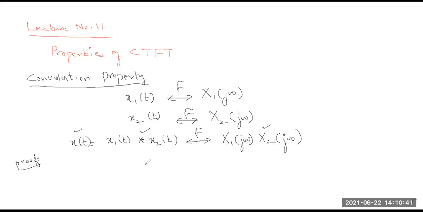let's say that the Fourier transform of x(t) is X(j omega). Capital X is the Fourier transform. In order to find the Fourier transform of x(t), I will make use of the forward Fourier transform equation. I take this signal x(t) and multiply it with e power minus j omega t, integrated from minus infinity to plus infinity.